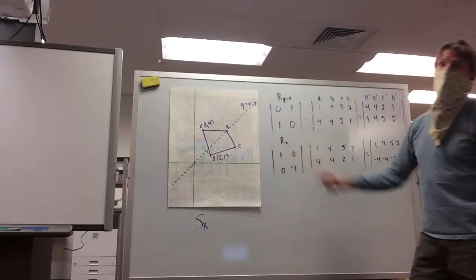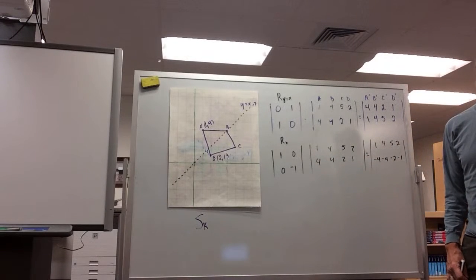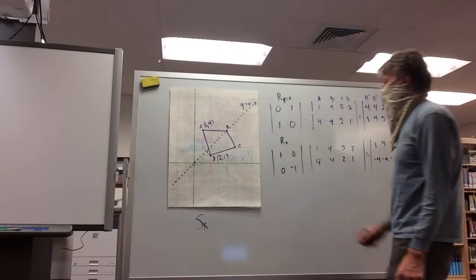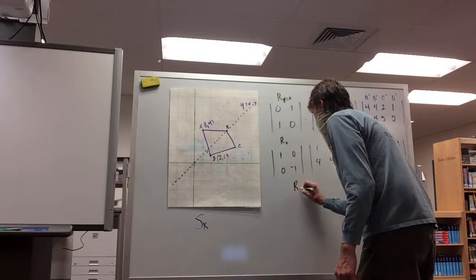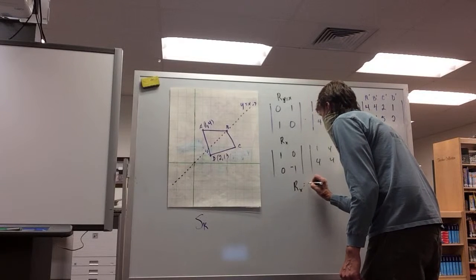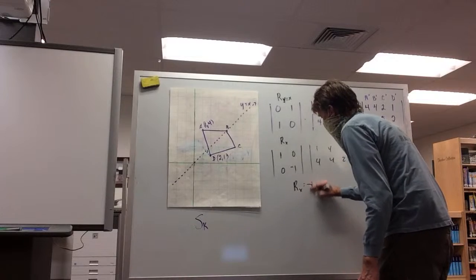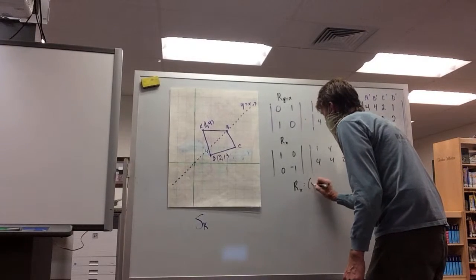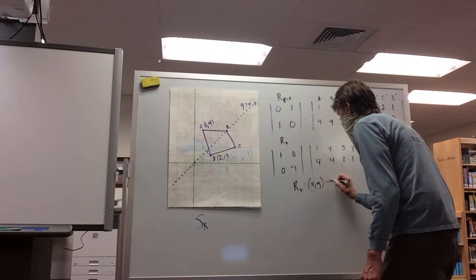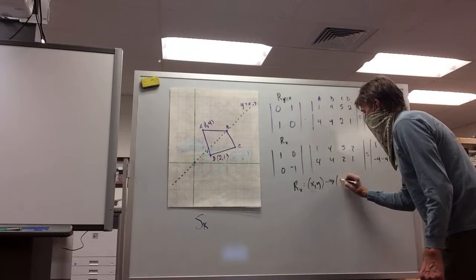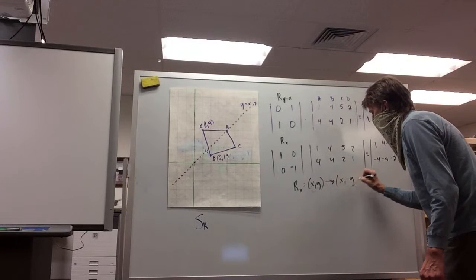So this is how we reflect over the x. And we would write that reflection over the x, oops, got the arrow too early, of x and y is going to map to x and the opposite of y.